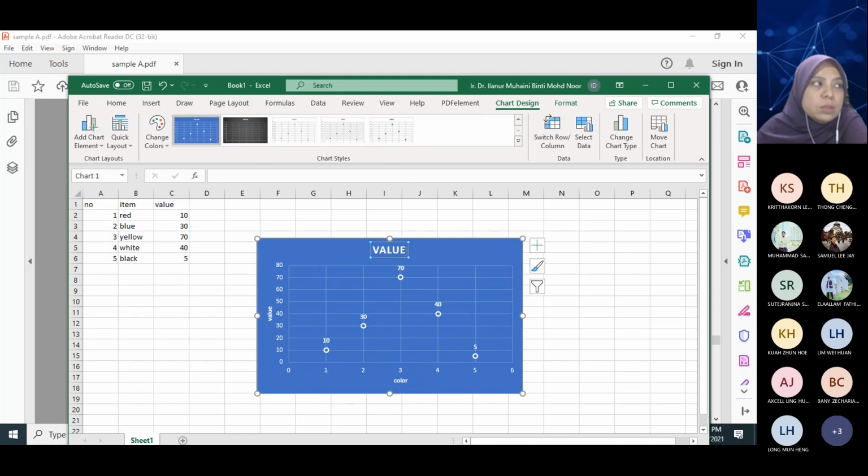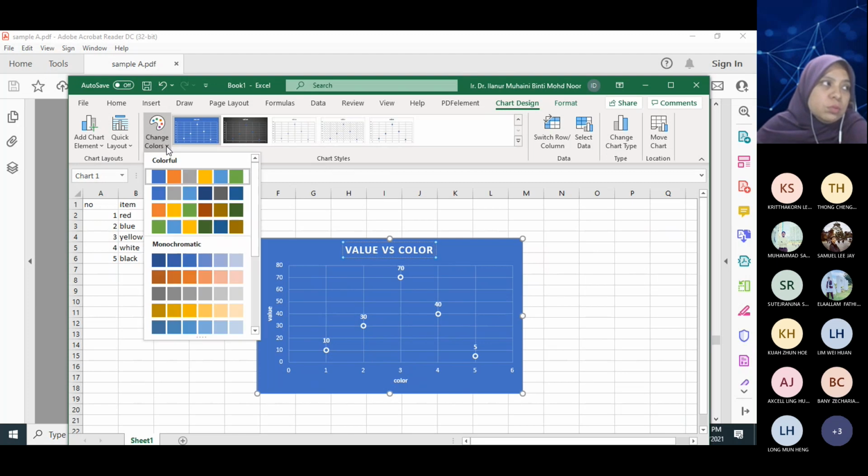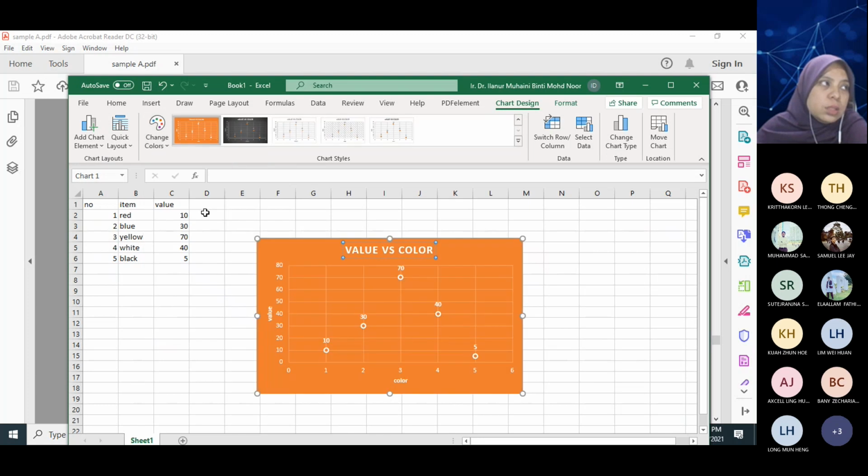So value here can choose value versus color. Okay, if you don't want blue, can choose other color also can.